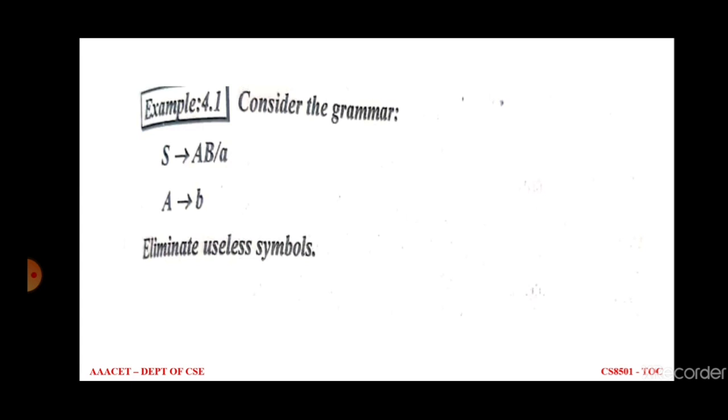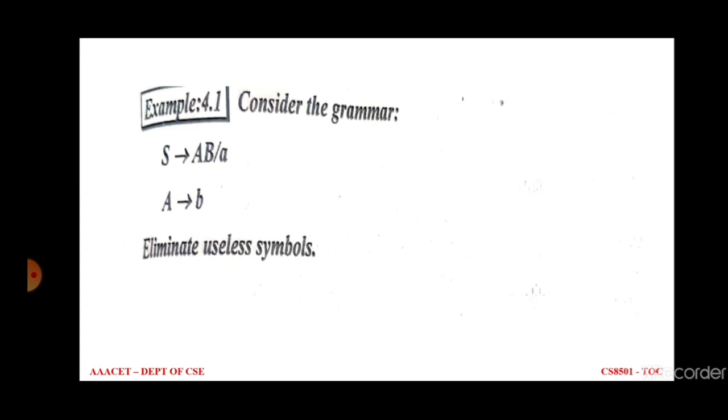So we can eliminate AB because B is coming along with another variable, capital A. So we are in the process of removing AB. Which means we have to eliminate the first production, that is AB.